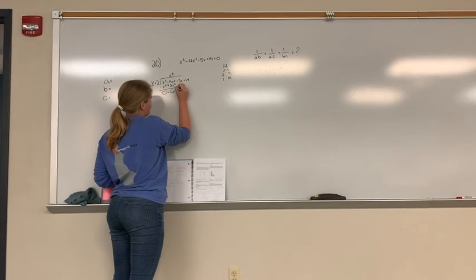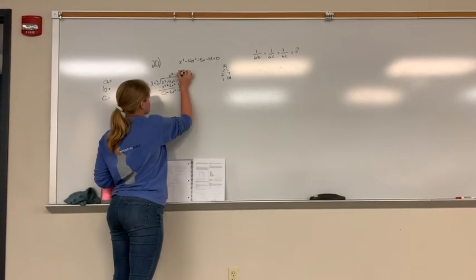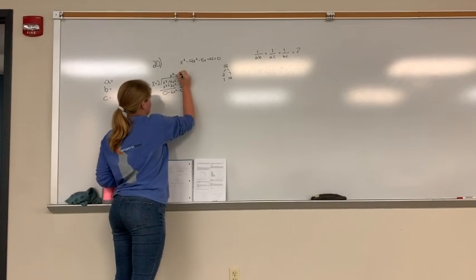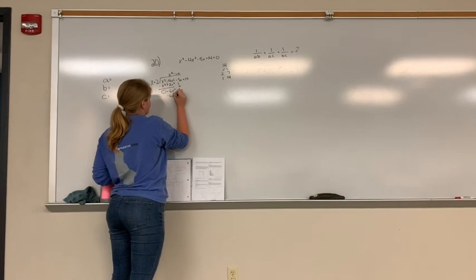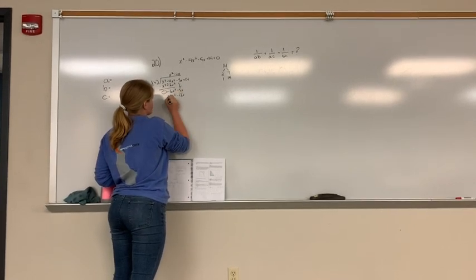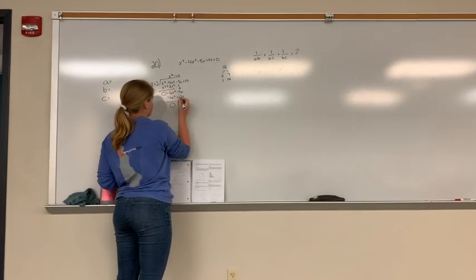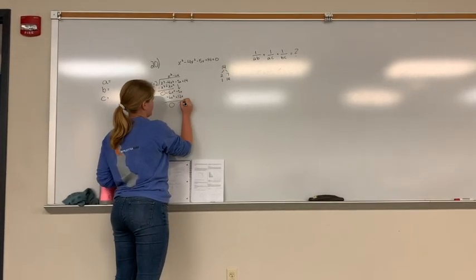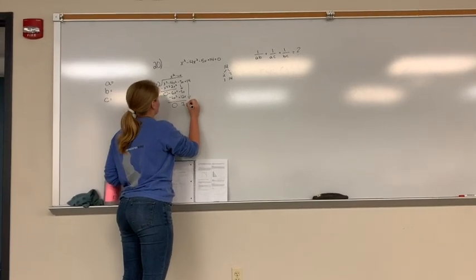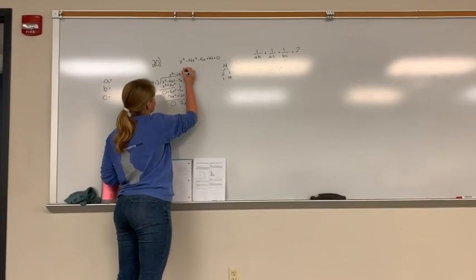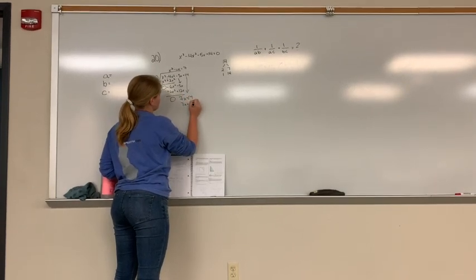Pull down the 5x. Then multiply by negative 6x and get negative 6x squared minus 12x. You'll get 0, then 7x. So you pull down the 14 and multiply by 7. You get 7x plus 14, which is 0.